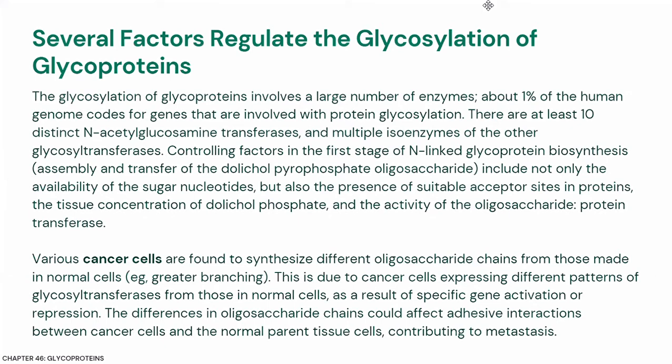So there are several factors that regulate the glycosylation of glycoproteins. Now, once there is a mistake, then that is not secreted out. It is thrown into the cytoplasm so that it will be degraded.